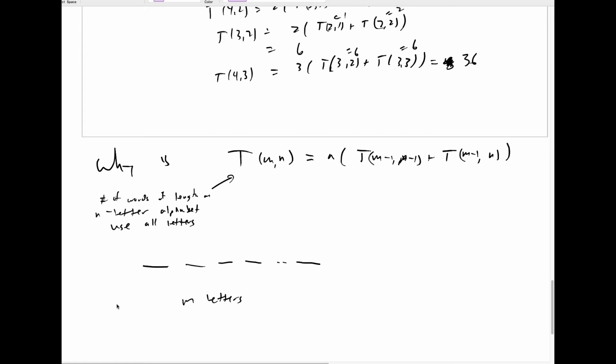How many ways could I pick the first letter? Well, there are n letters. I'll just put x here. I have m ways, not m, I just said it before, n ways. N ways to pick the first letter.